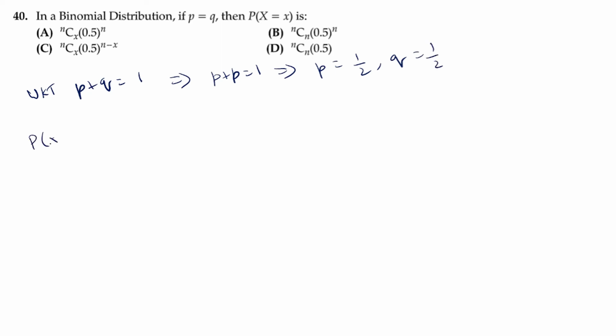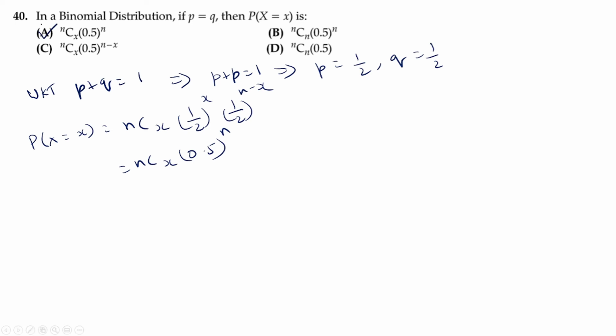Now probability of X is equal to x is nCx, then half raised to x and half raised to n minus x, or this is equal to nCx into 0.5 the whole raised to x plus n minus x, so it is n. So the correct option is option A.